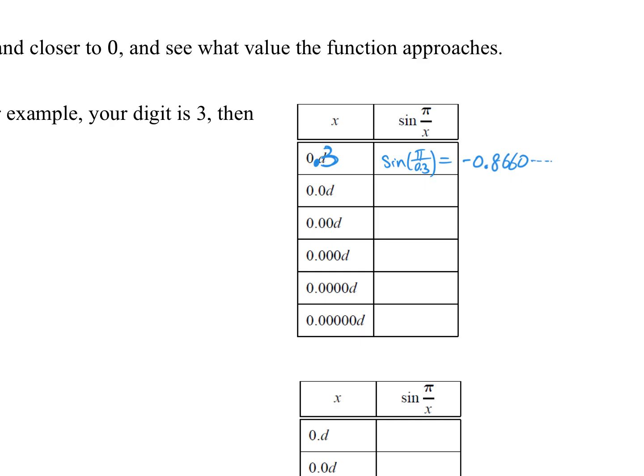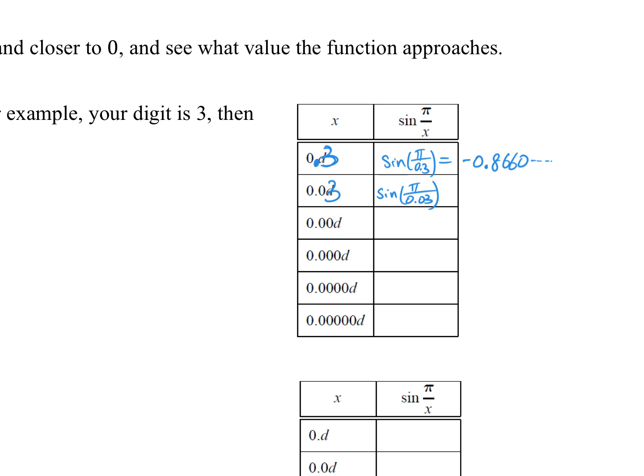The next is 0.03. So therefore you compute sine of pi over 0.03. Do you see the x value is getting closer to 0, right? And this actually is equal to negative 0.8660 and many more digits.